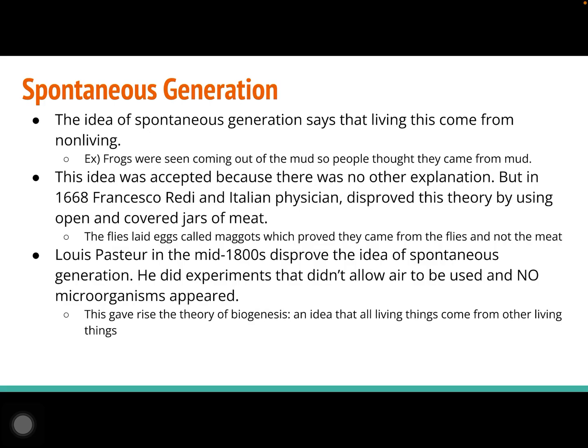Well, it was soon found out those maggots came from flies that would land on the meat to lay their eggs and then for them to hatch and form into maggots. While the one inside the jar, the flies couldn't get to, so they couldn't lay their eggs. So it really deterred the idea of spontaneous generation.